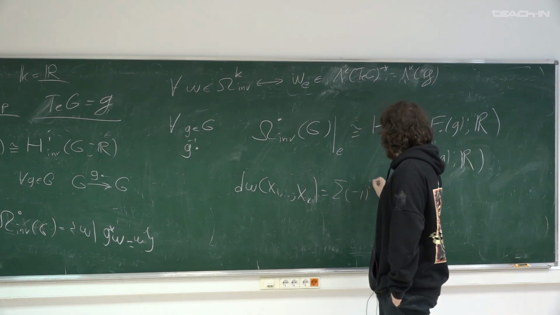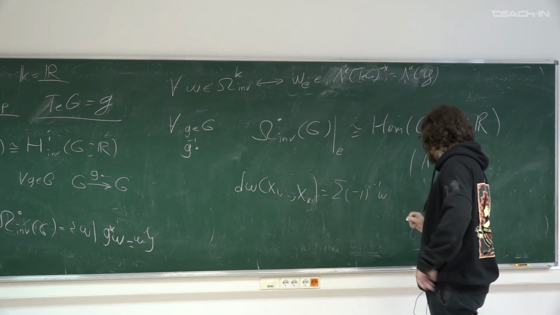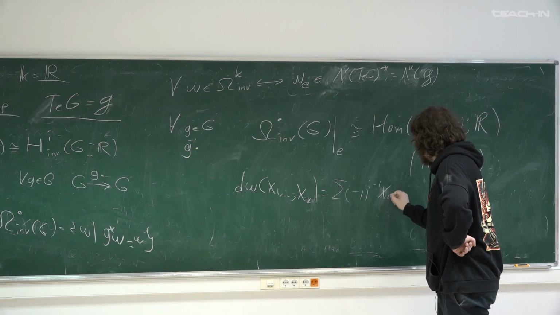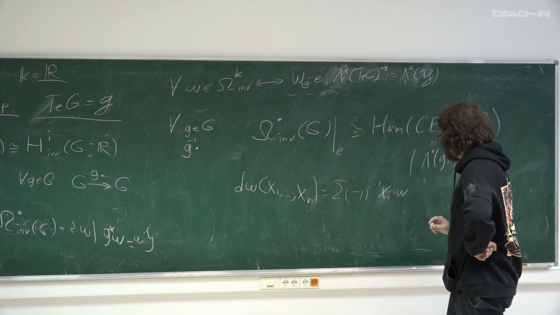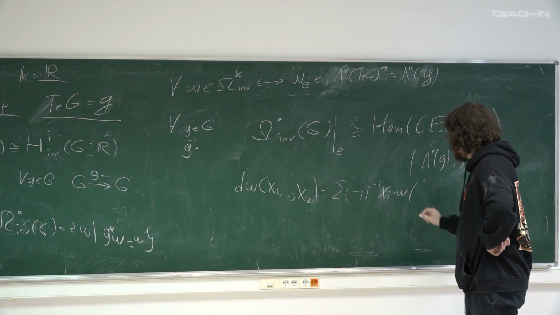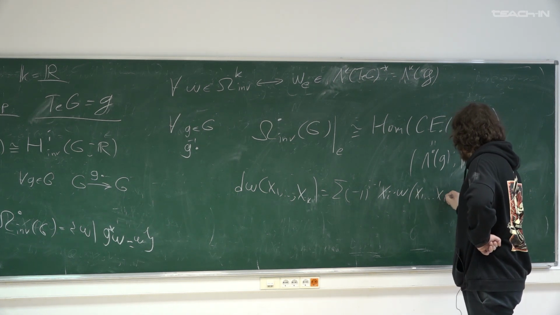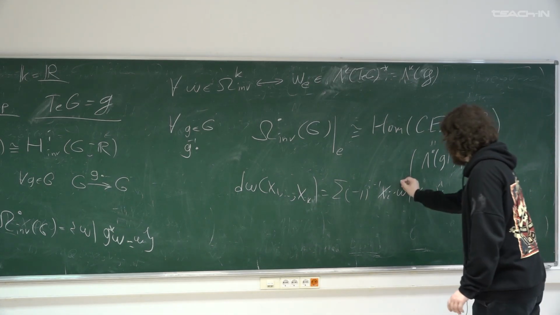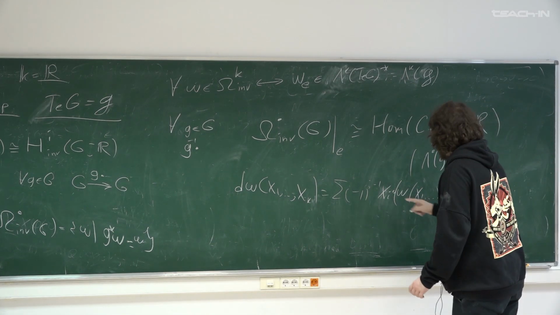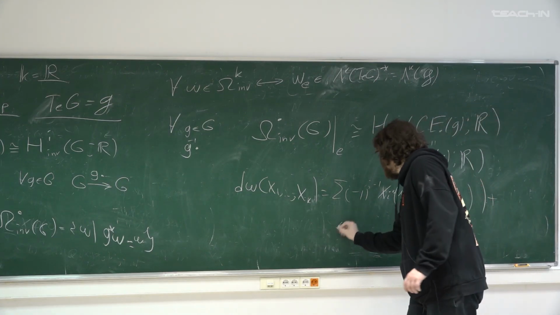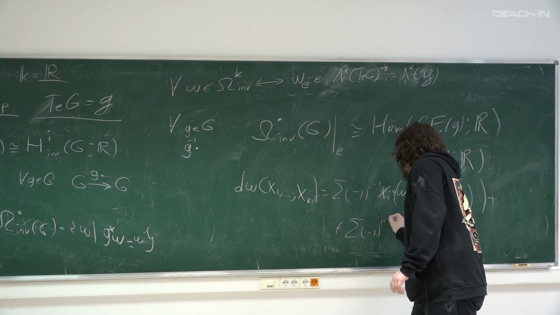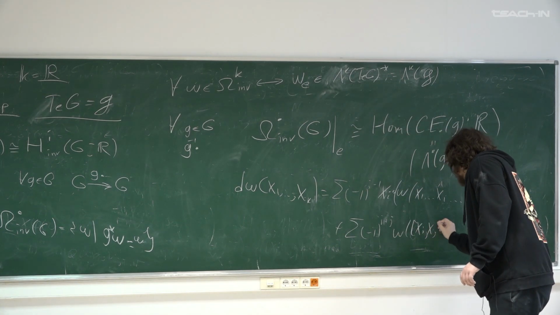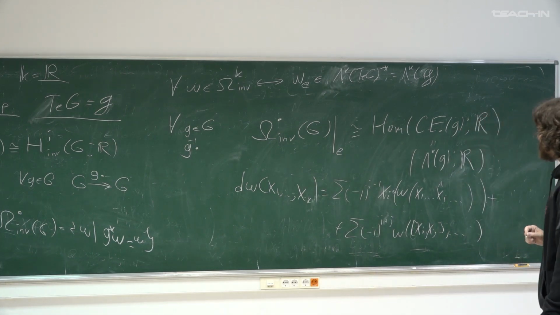You have this part with the differential of the function, and then plus or minus the form evaluated on the commutator and all the other vector fields.